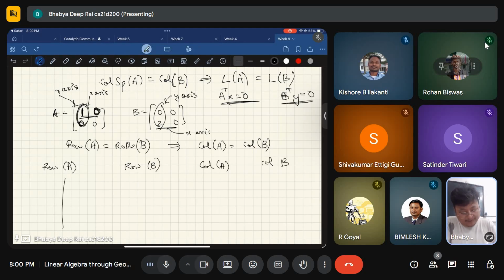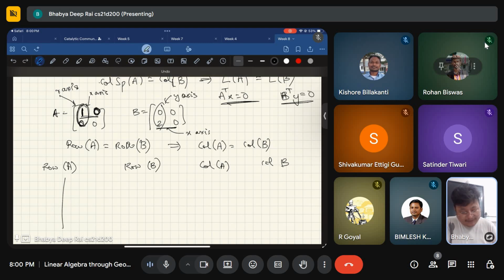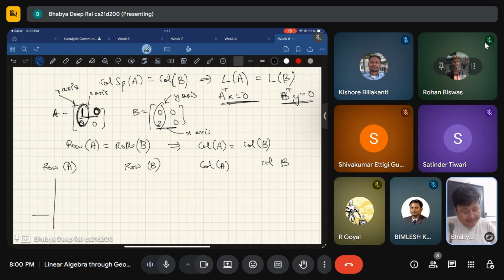If I plot it, since this is 2-dimensional, which is nice, this is the row space of A. This is where A will lie. This is row space of B. This is where B will lie.